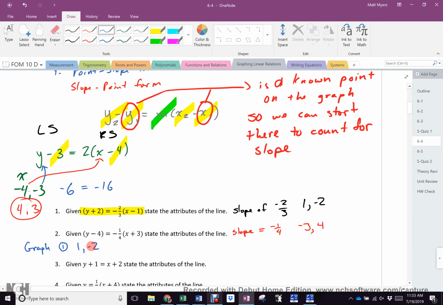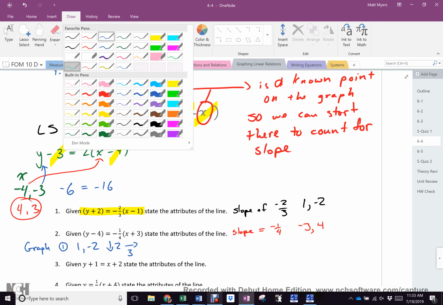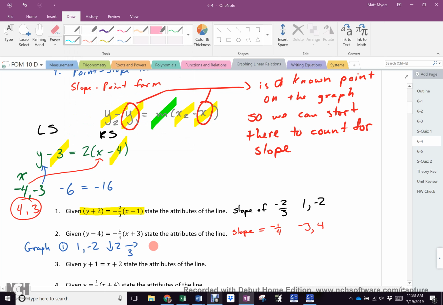How do I get to the next point on that line? I could go down 2 and right 3, or, I'll change shades of blue, or up 2 and left 3. Everybody good? Okay.